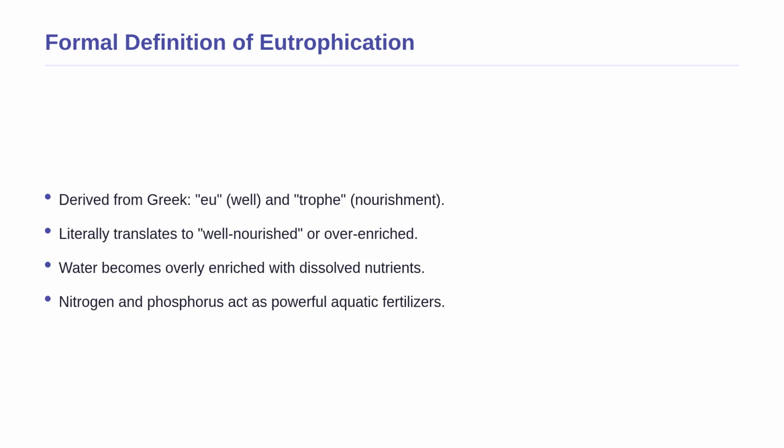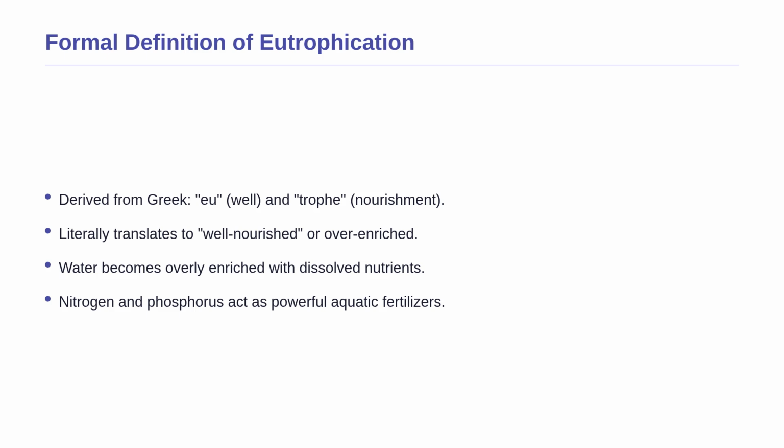Now that we understand the basic idea, let us look at the formal scientific definition. In the study of aquatic biology, this destructive process is known as eutrophication. The word itself comes from Greek, where eu means well or good, and trophy means nourishment. So it literally translates to well-nourished or over-enriched.